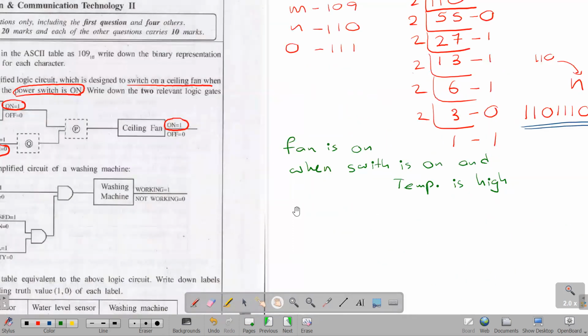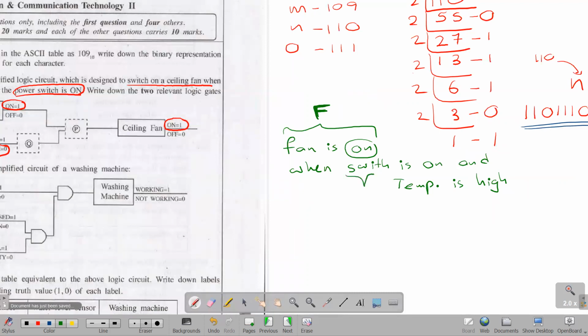So if I take the fan as F, the on position of the fan can be indicated by F, because fan on means equals 1.